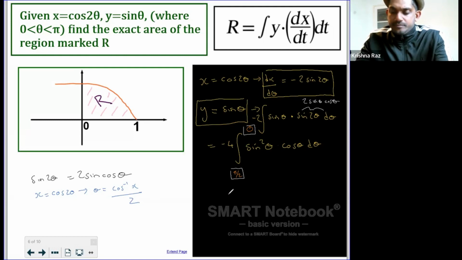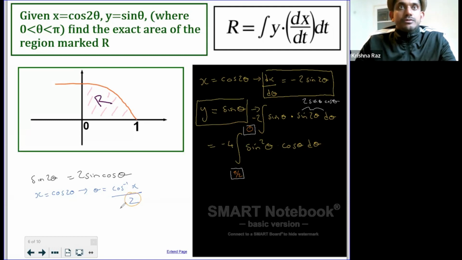But I still have to divide that by 2, so the answer will be pi over 4.